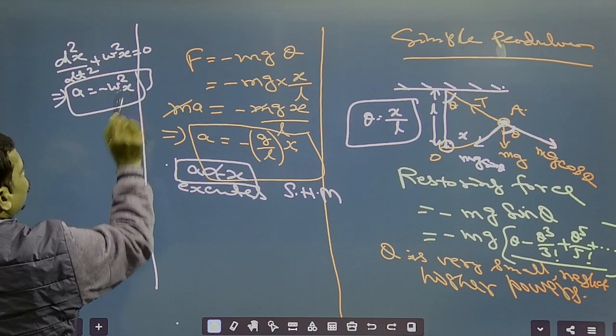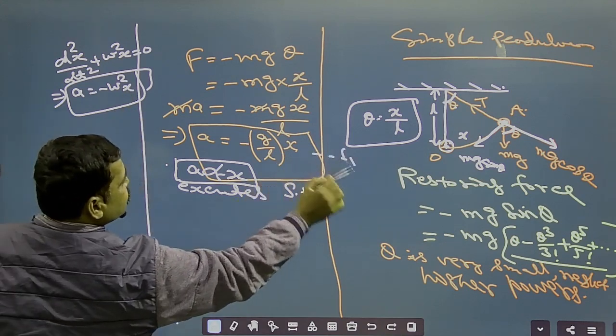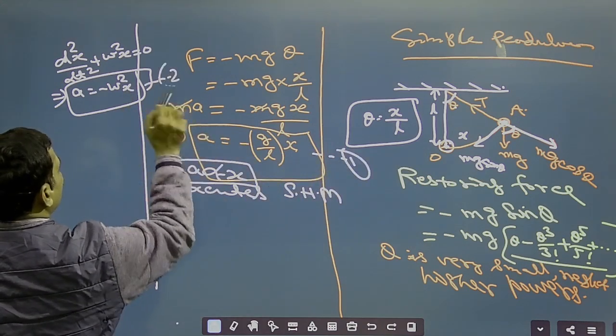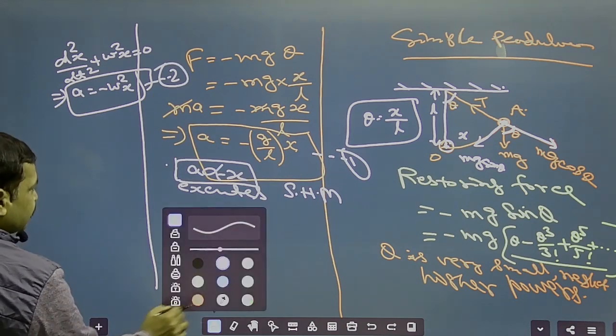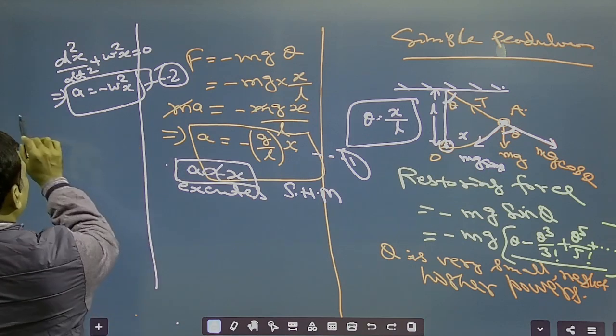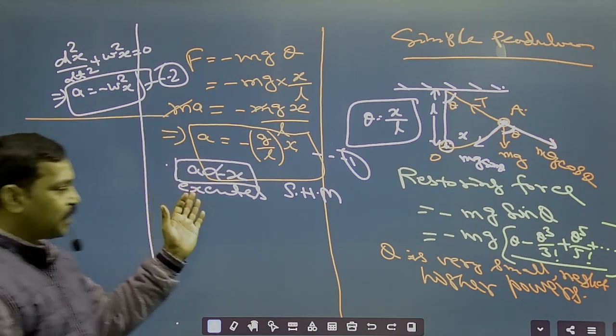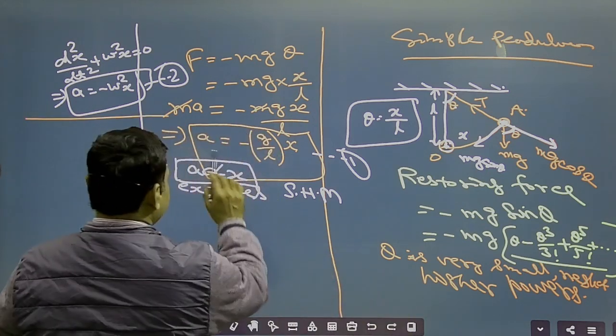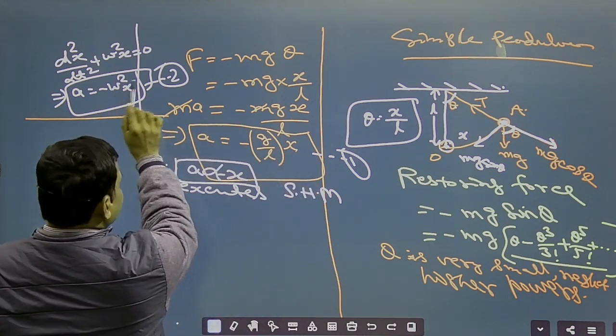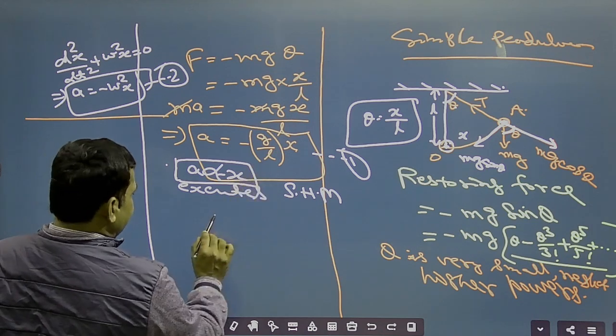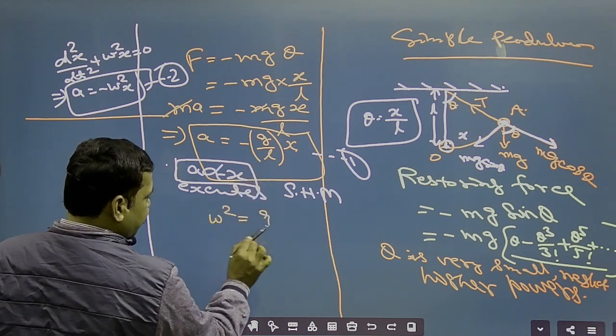If we take this as equation 1 and this as equation 2, then by comparing equations 1 and 2, we get omega square is equal to g by L.